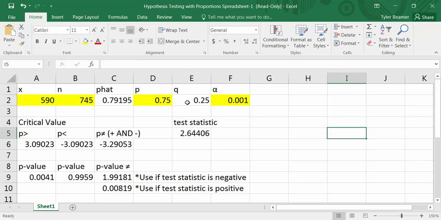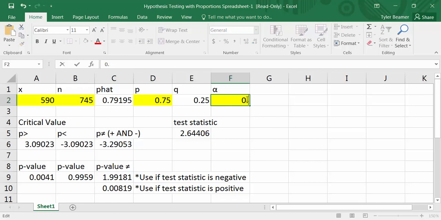And then Q is the complement of that. So 1 minus P gives you Q. That's essentially the percentage of people that do not think it's morally wrong not to report all the income.